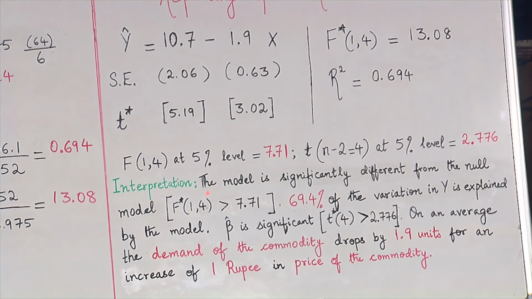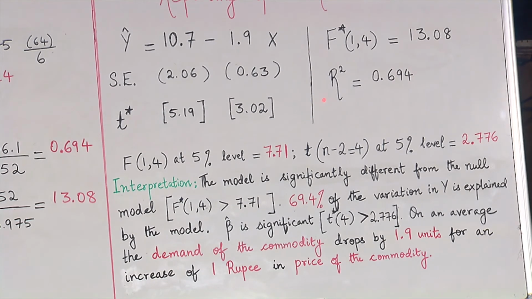Now, let us interpret this model. The model is significantly different from the null model, since the calculated f, that is 13.08, is greater than the table f 7.71.